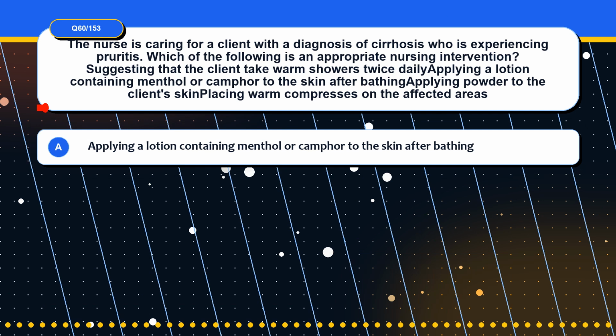Question 60. The nurse is caring for a client with a diagnosis of cirrhosis who is experiencing pruritus. Which of the following is an appropriate nursing intervention? Suggesting that the client take warm showers twice daily, applying a lotion containing menthol or camphor to the skin after bathing, applying powder to the client's skin, placing warm compresses on the affected areas.